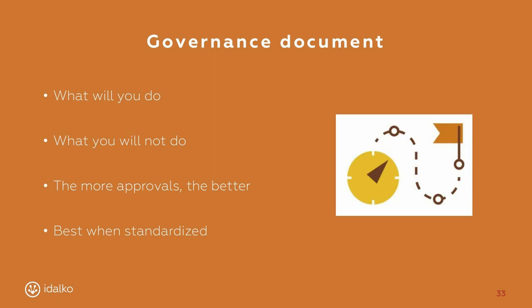A large portion of them told me about having a governance document where you outline which changes you cannot make and refer users that push you hard for their personal changes to this document. This governance document might consist of several parts, but the most important one is the what you will not do part, or what the Atlassian team will not do or will not implement.